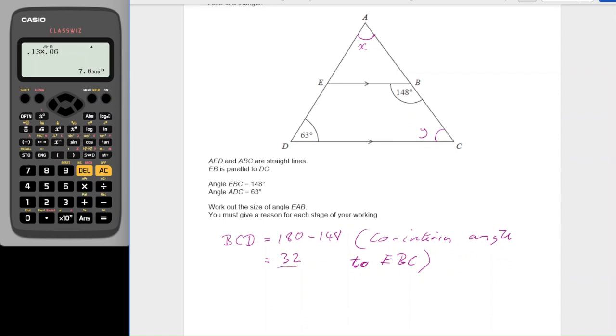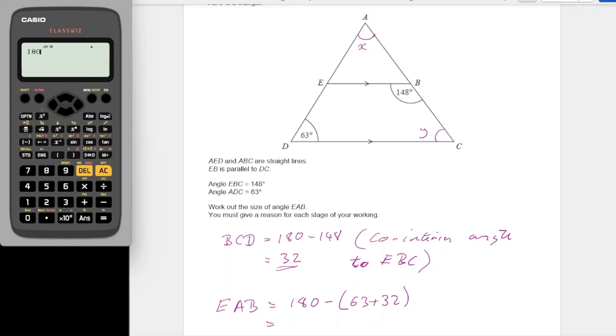And then based on that, I'm going to say the angles in a triangle add up to 180. So EAB is going to be equal to 180 minus (63 plus 32).